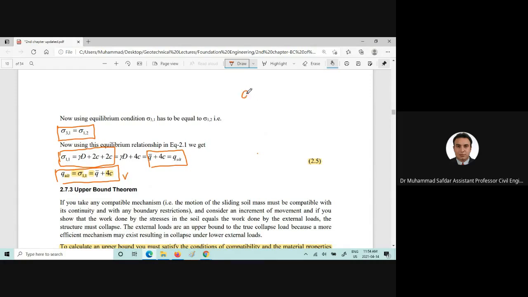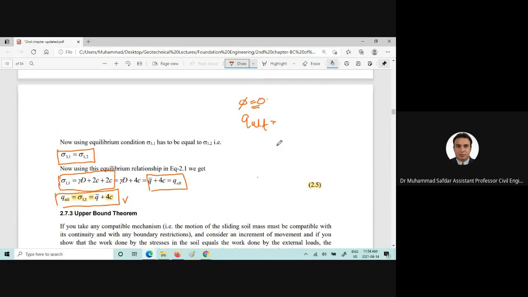Now, q ultimate, because we want to find out the bearing capacity of that soil. It's a very crude, very simple example where phi is equal to 0 and we are finding the bearing capacity of the soil, but it's just creating a base going towards the bearing capacity equation.